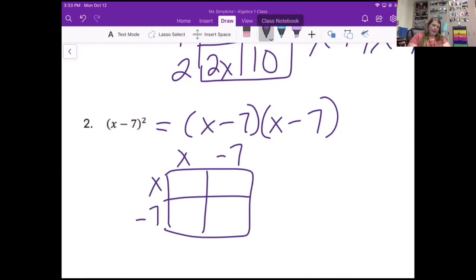X times x is x squared. X times minus 7 would be negative 7x. X times minus 7 again would be negative 7x. Negative 7 times negative 7 is 49.